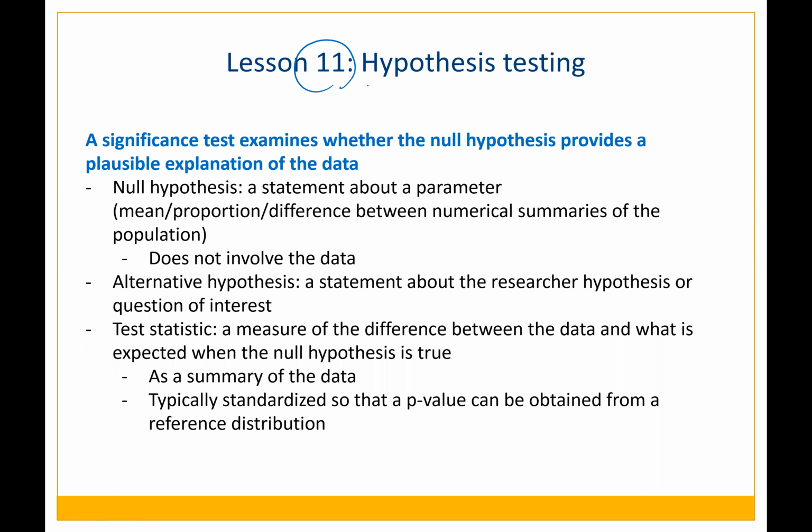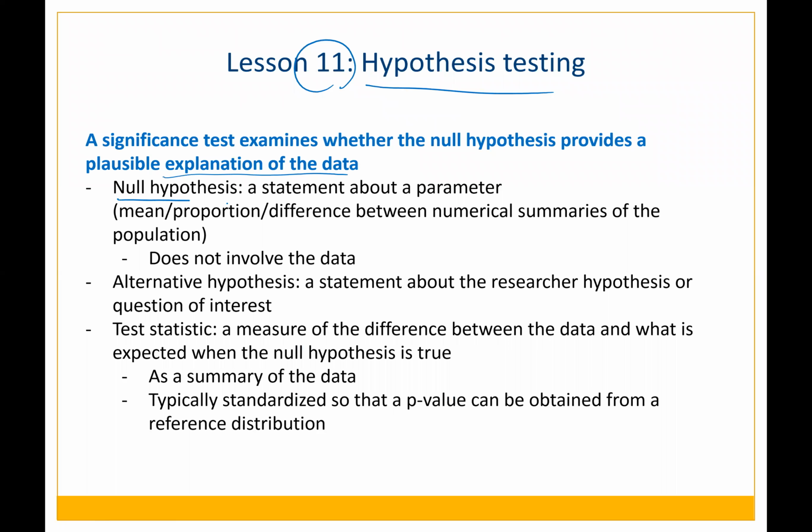So the first one is lesson 11, hypothesis testing. A significance test is defined as one that examines whether the null hypothesis provides a plausible explanation of the data. When we do a significance test, what we always need at the first step is to identify the null and alternative hypothesis.